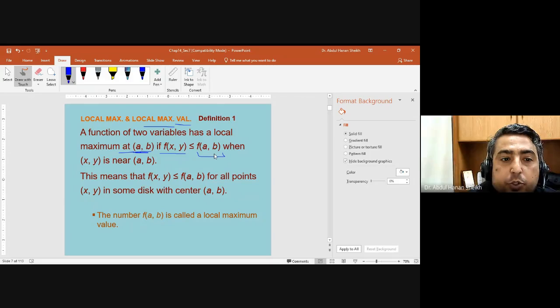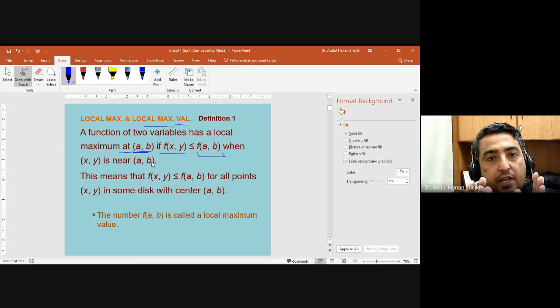This value should be greater than the values for all other x and y, right? So the function attains maximum value if and only if we give input of x and y as a and b, and if we give any other input, the function must have a smaller value, and x and y should be near a and b. This indicates that you have to take a small part of the domain. So this will indicate your local maximum.